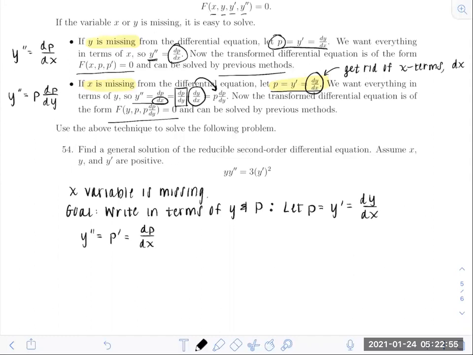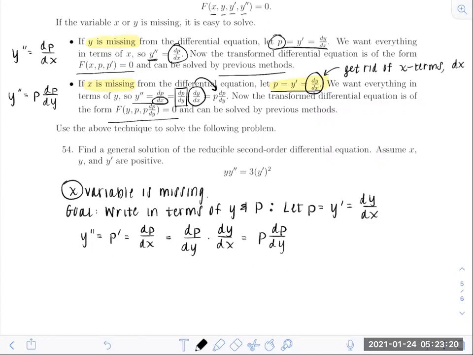But remember, x is missing. We want to get rid of the x's. So let's write this by way of the chain rule as dp dy times dy dx, but dy dx is p. So I run through this every single time just so that I'm not having to memorize things. I just remember the chain rule.